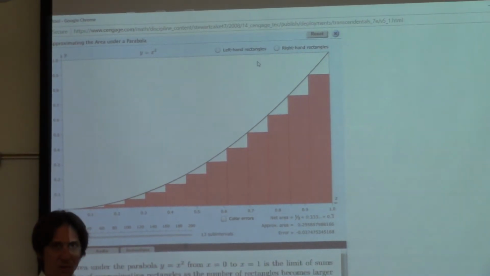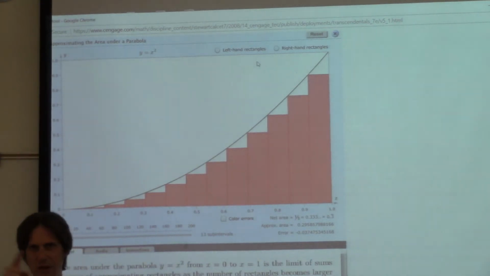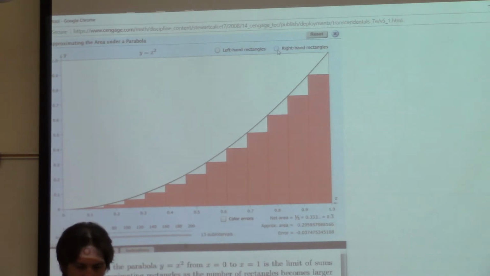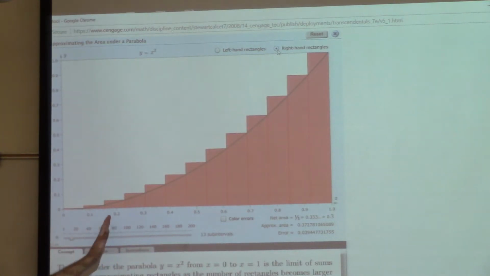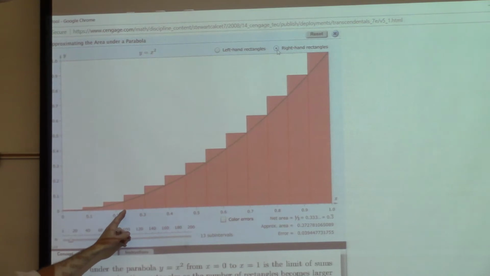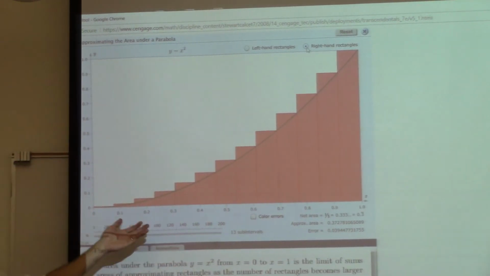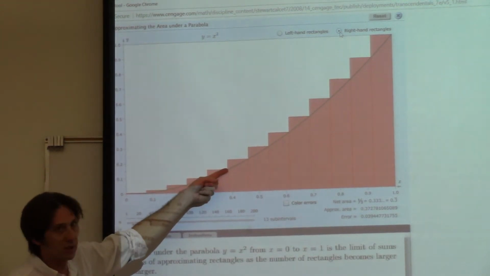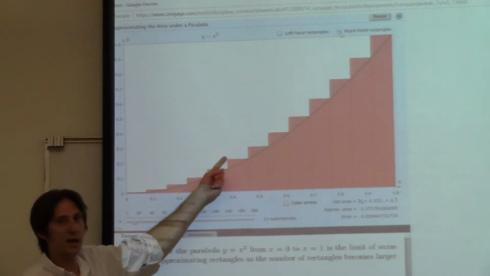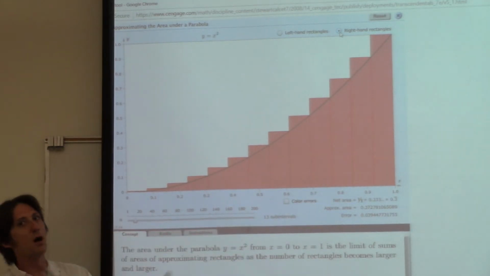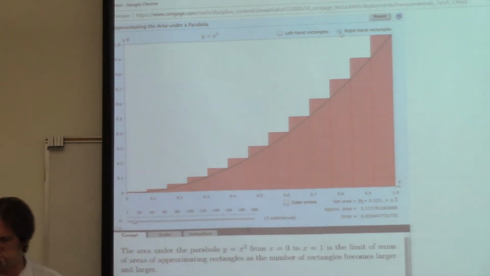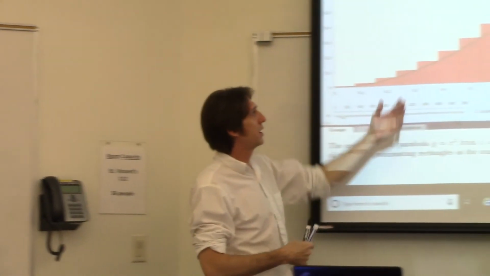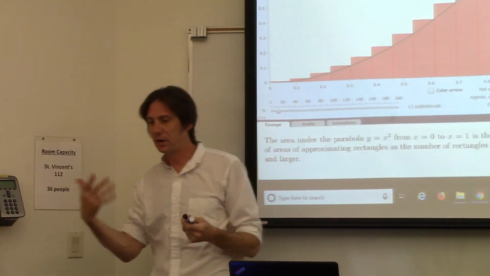The second approximation that we had for the cost used the other endpoint, and so that would be using the right endpoint of each subinterval. You notice that the rectangles change, and that should make sense because now instead of using the left endpoint to get the height, I'm using the right endpoint to get the height. And so now all of my rectangles are taller. It doesn't matter which endpoint you use, provided that the area or the limit exists.